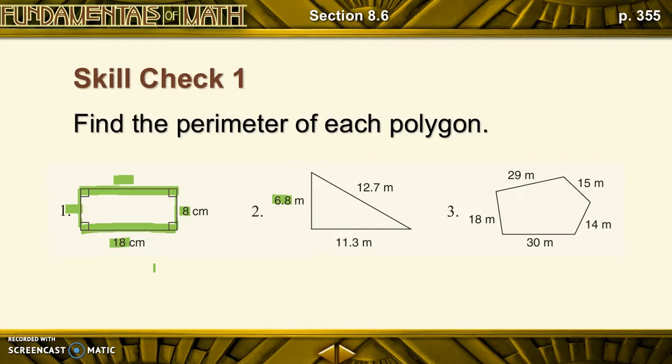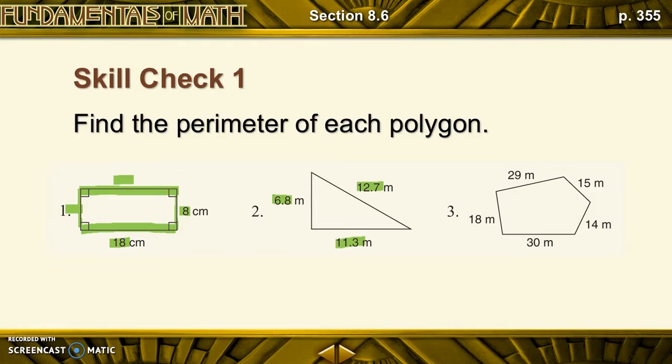So the next figure we have is a triangle. We have a side that's 6.8 meters by 12.7 meters by 11.3 meters. And all we have to do is add up those sides and you should get 30.8 meters. And then finally, we have a 5-sided polygon, which would be a pentagon.